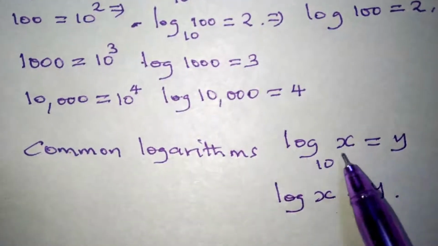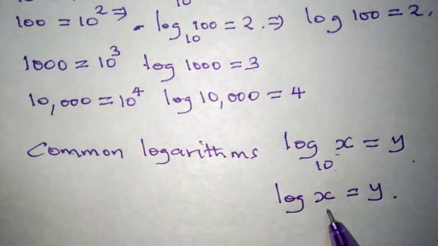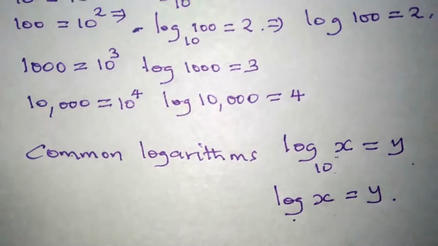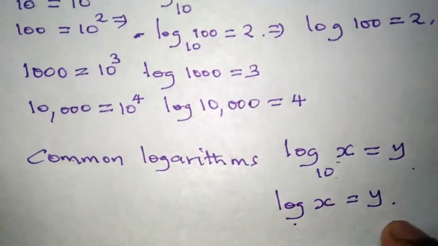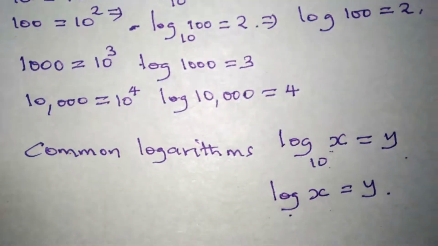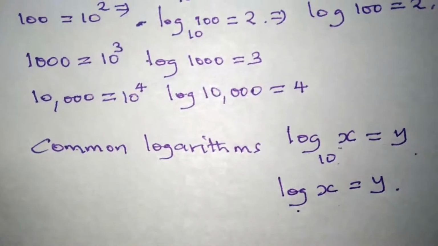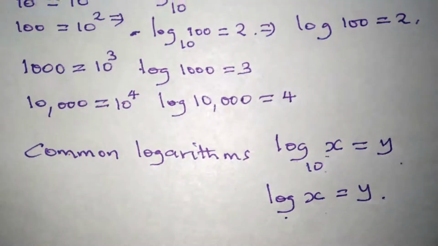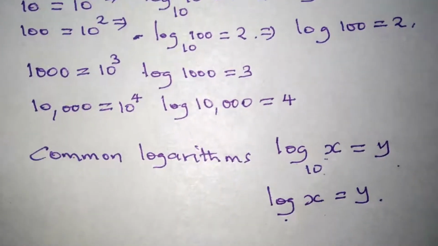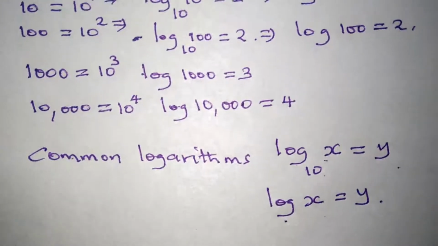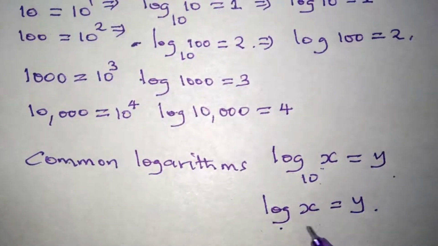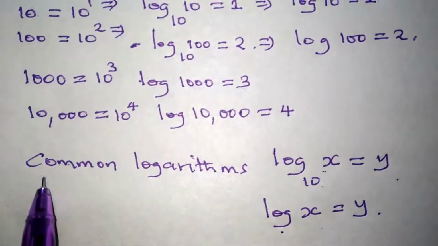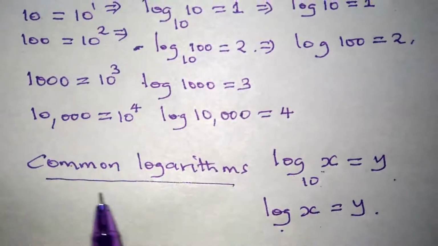So the log to base 10 of any number, you simply write log of x, log of 10, log of 20. Now that I've mentioned log of 20, we will talk about it in another video. But for now, let's understand that common logarithms are actually logarithms to base 10.